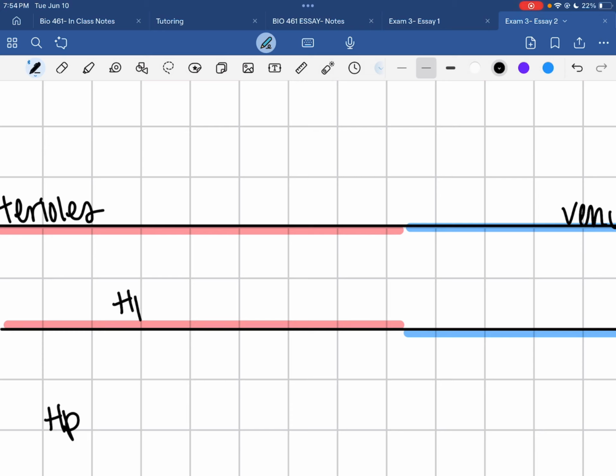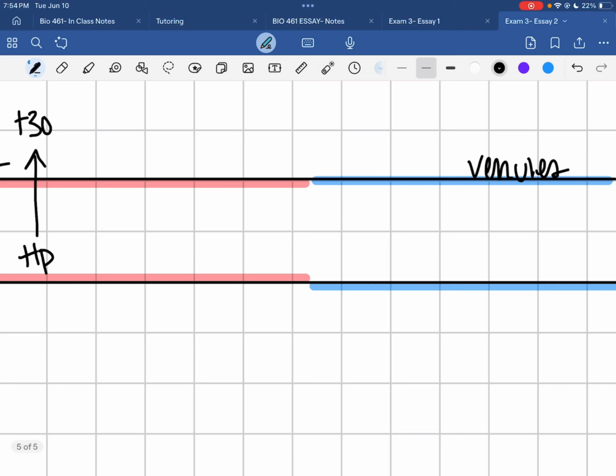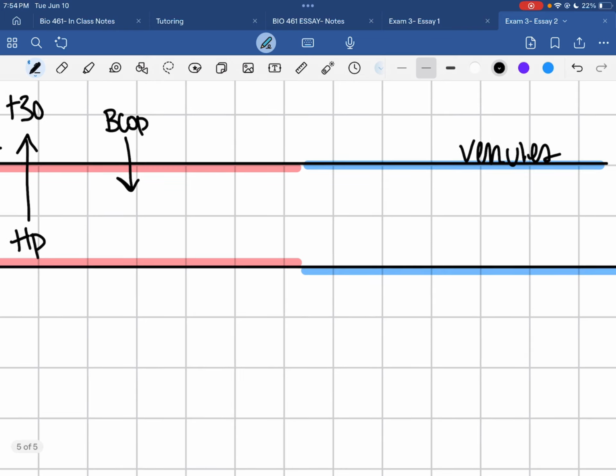So, hydrostatic pressure. We're going to draw it in here, and it's going to rest at about, it wants to go out, so a positive 30.